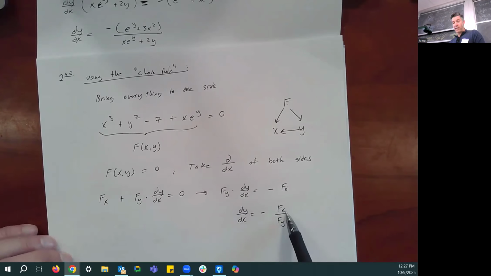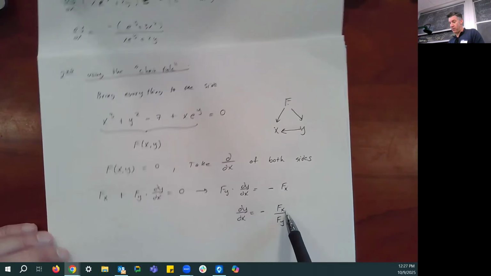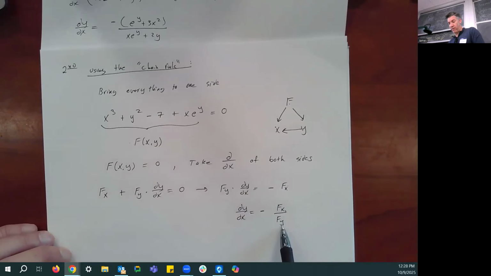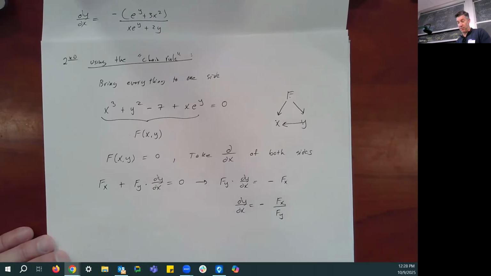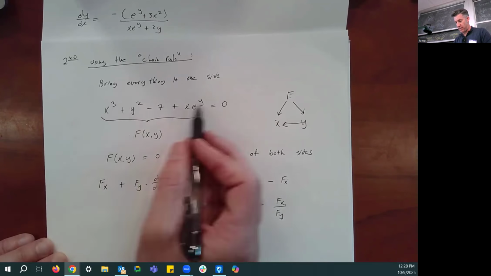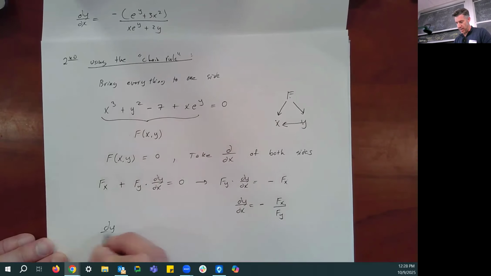Again, fx is the partial derivative of f with respect to x, and fy is the partial derivative of f with respect to y. So now check this out. I think it's going to be much easier. For our actual function, my dy/dx is going to equal negative.